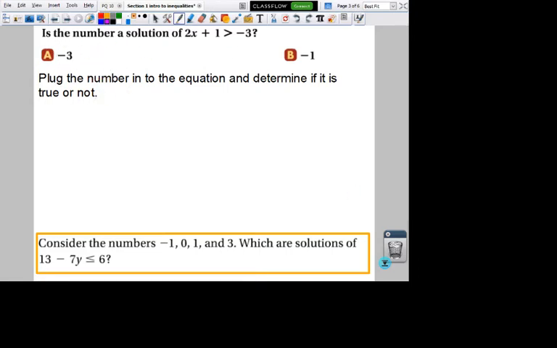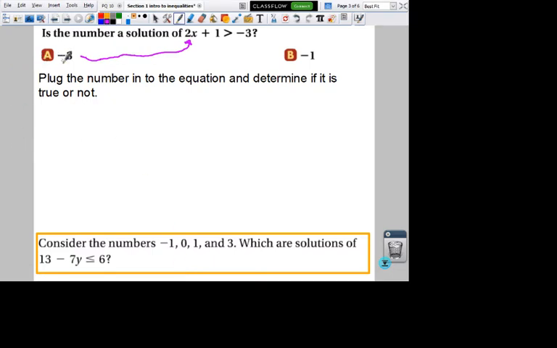I'm going to plug it in here for x and see if that's true. If so, I'm going to say yes, it's a solution. If not, I'm going to say no. So these answers are all going to be yes or no, or true or false if you're feeling that way.